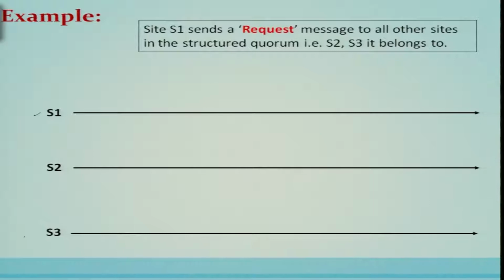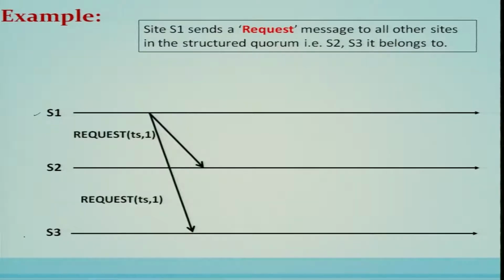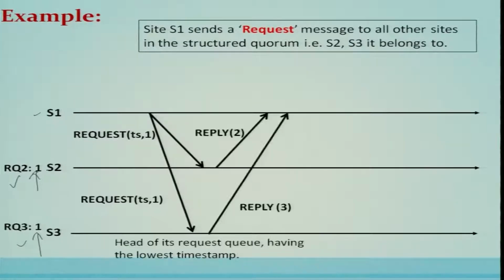Now, the next step is site S1 sends a request message to its tree quorum sites, that is S2 and S3. These requests, when they arrive, will be recorded in the request queues of site 2 and site 3, which indicates that site 1 is at the head of the queue, having the lowest timestamp.